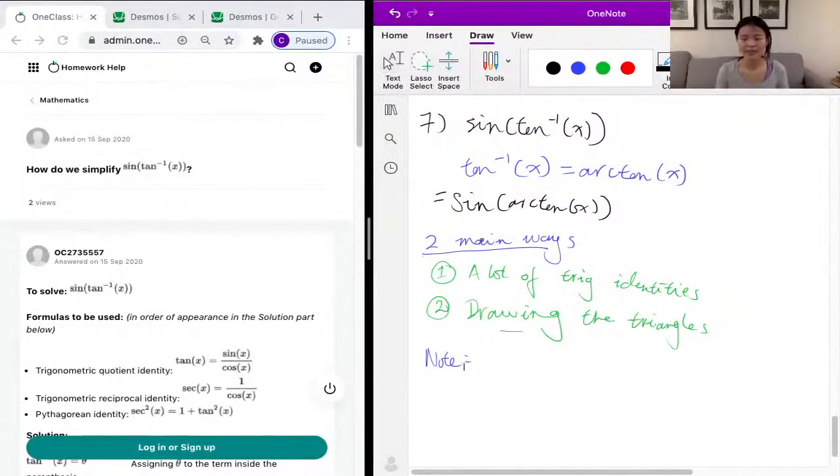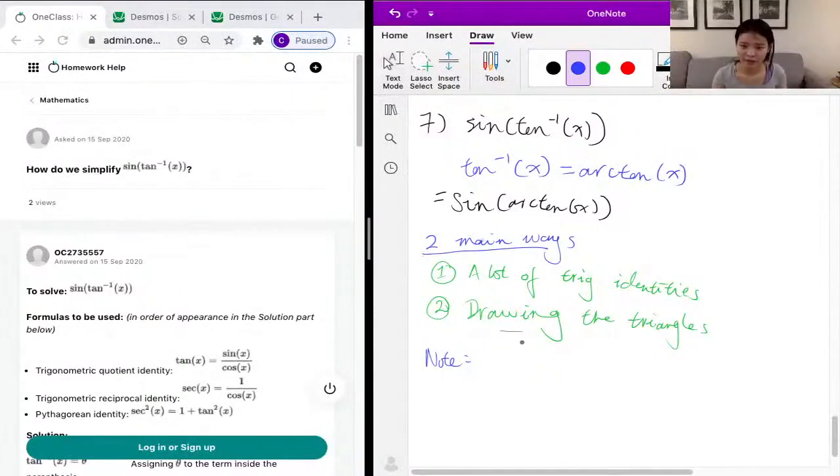So we also know that for sine of x, the input is an angle and the output is a value or a number. Similarly, for arctangent of x, the input is the value that the tangent of x outputs, and the output is the angle.